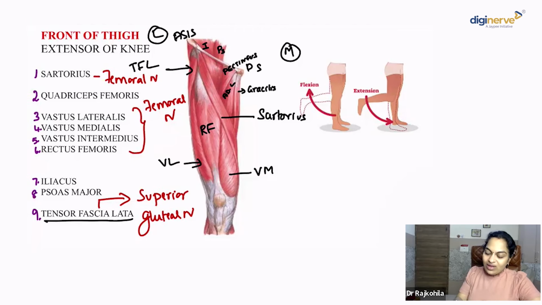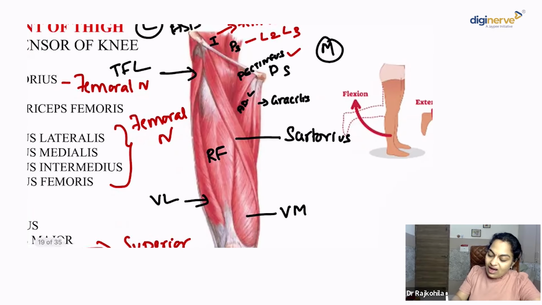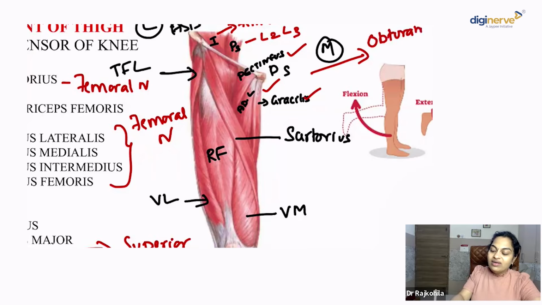Okay. Now, coming to the iliacus and psoas muscles. The nerve to iliacus is again a branch from the femoral nerve. The psoas major gets its nerve supply directly from the lumbar plexus. Pectineus, adductor longus, gracilis, all of them are going to be innervated by the obturator nerve.